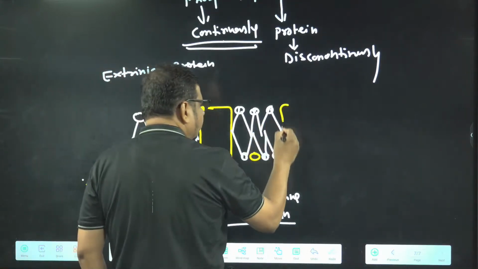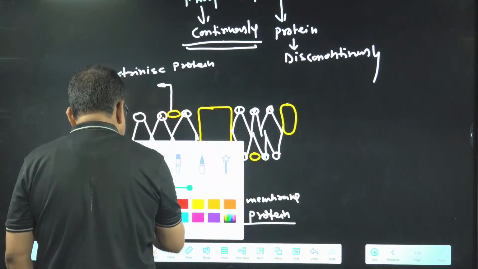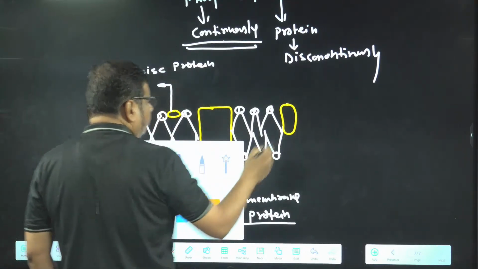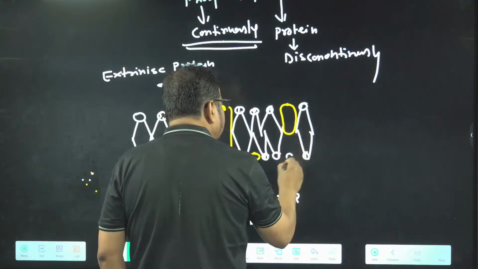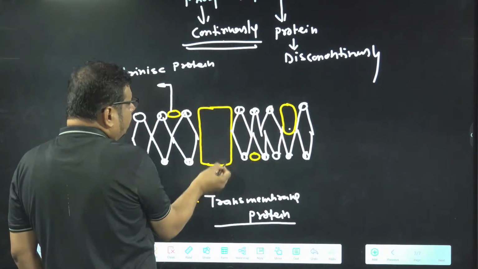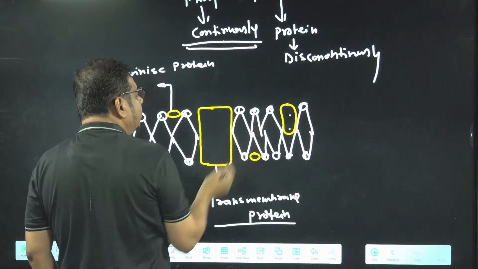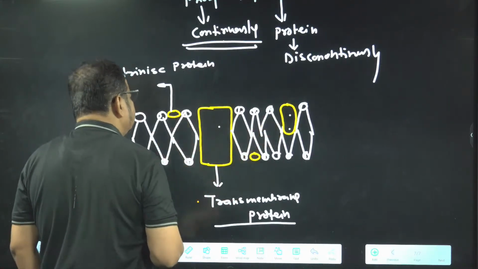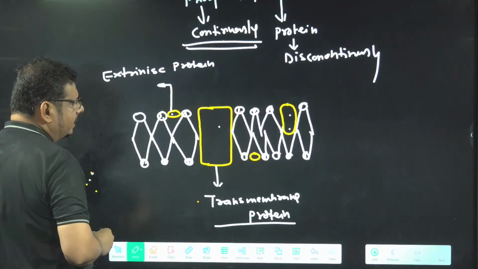It is intrinsic, but only superficially embedded, not partially or totally. It is deeply embedded but does not span from one side of the membrane to the other. So there are partially embedded intrinsic proteins, totally embedded intrinsic proteins, and extrinsic proteins.